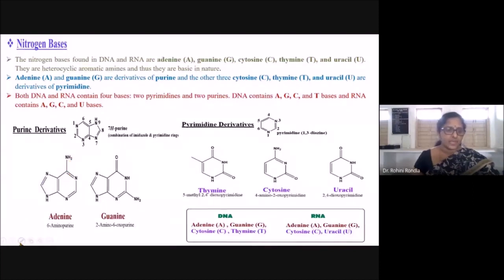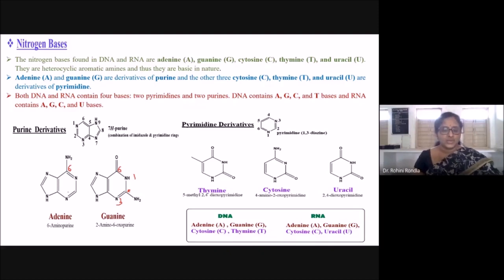Okay, see this one, 6 amino adenine, right? And guanine, tell me, 1 2 3 4 5 6, and this one 2, this one 1, this one 3. So 2 amino 6 oxopurine, 2 amino 6 oxopurine.